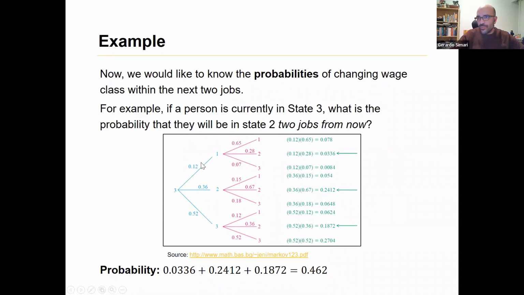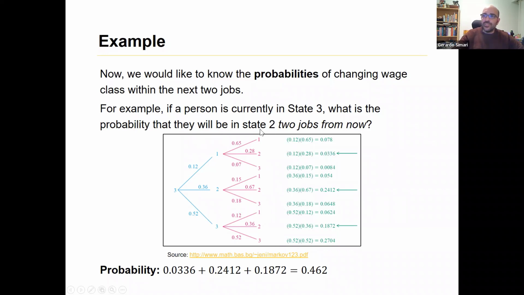What I can do is, one way of calculating this very intuitively is just, on state 3, I know the probabilities of moving to 1, to 2 and to 3, so they're labeled in this way. Just got them from the transition matrix. And then again, because I want to know 2 jobs from now, again, the same values from 1 to 1, from 1 to 2, 1 to 3, and so on and so forth.